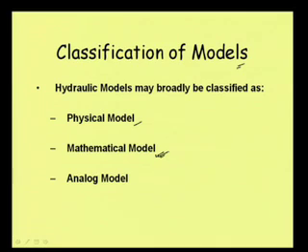Then another type of model that we can have is the analog model. In fact, in a class when we were discussing pipe flow and pipe network analysis, we did discuss that point. That is, one tried to solve, or he solved, the pipe network problem using electrical analogy. Because for flow around a closed pipe loop, the head loss is equal to 0. Then a similar condition we can have in an electrical circuit.